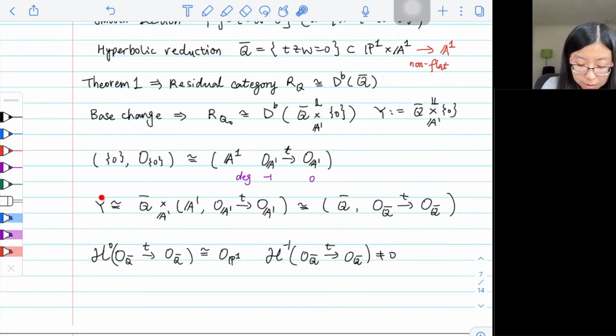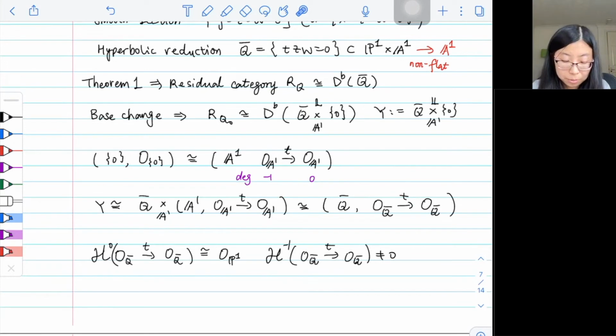And now the scheme is equivalent to this fiber product. And this is equivalent to the scheme Q bar, with the two-term complex given by O_Q bar to O_Q bar with the map t.